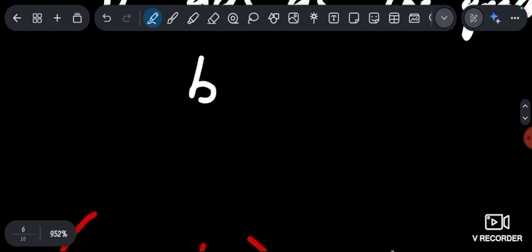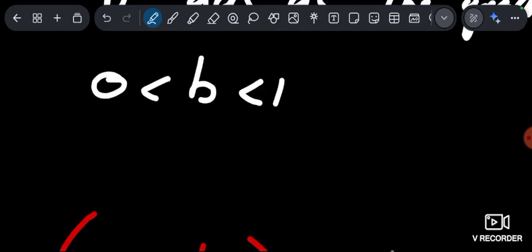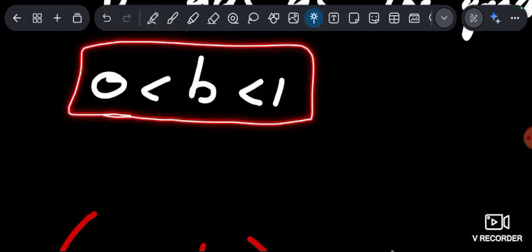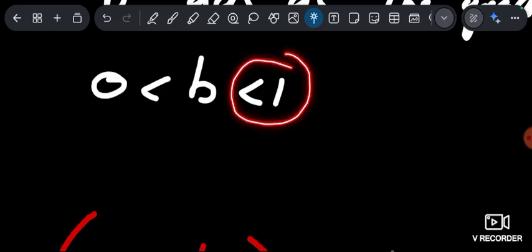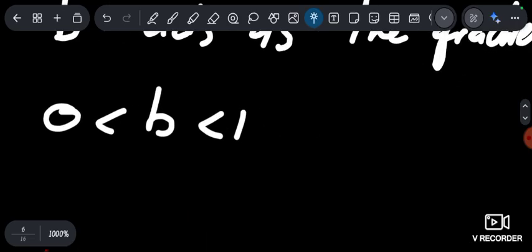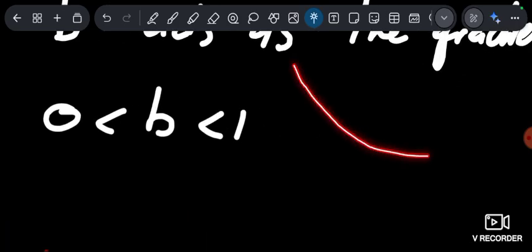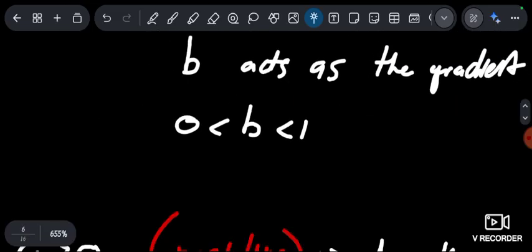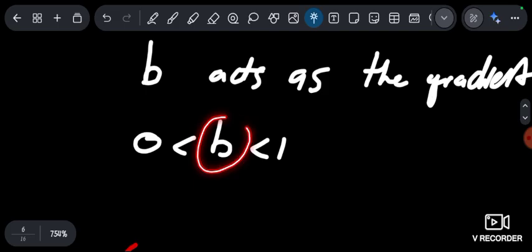When B is between this interval, meaning when B is a fraction lesser than 1 but greater than 0, the graph will be decreasing. Because if you start from here and you go and go and go, the gradient is decreasing.